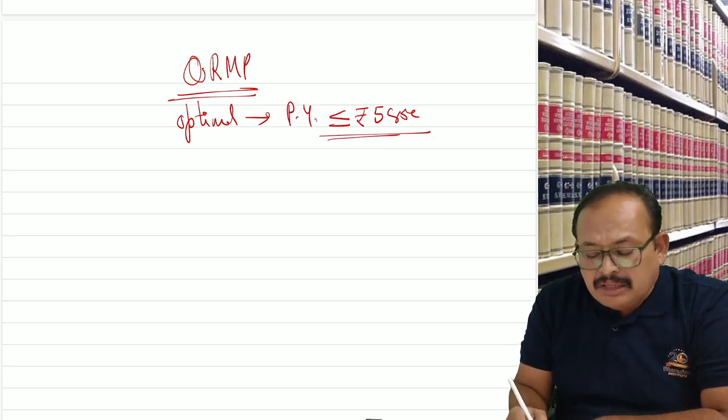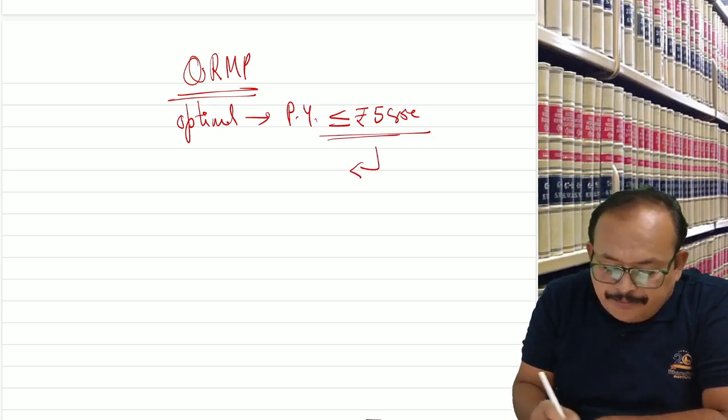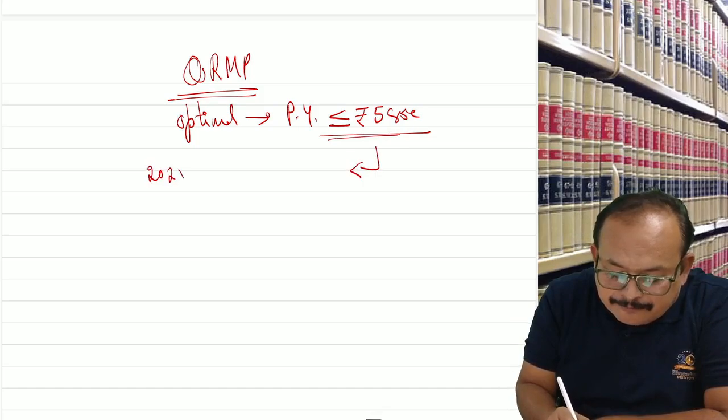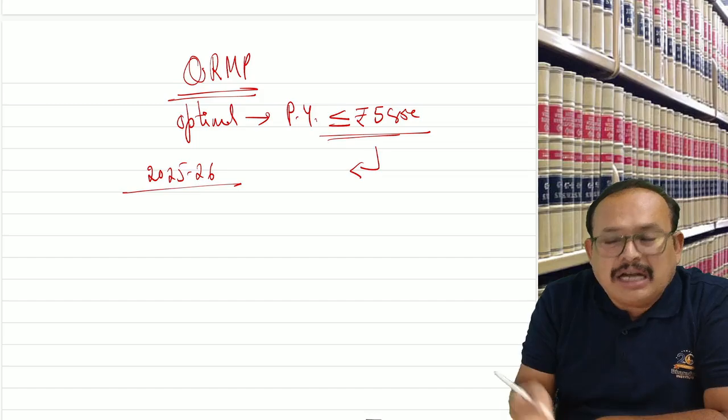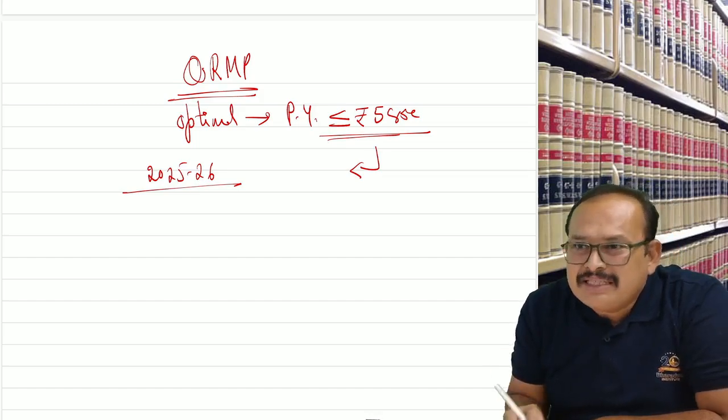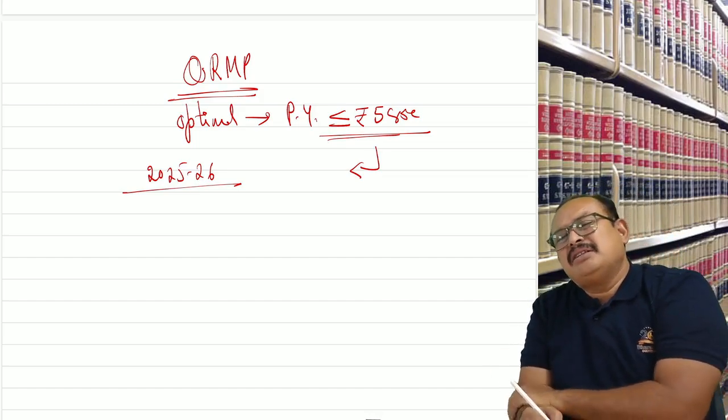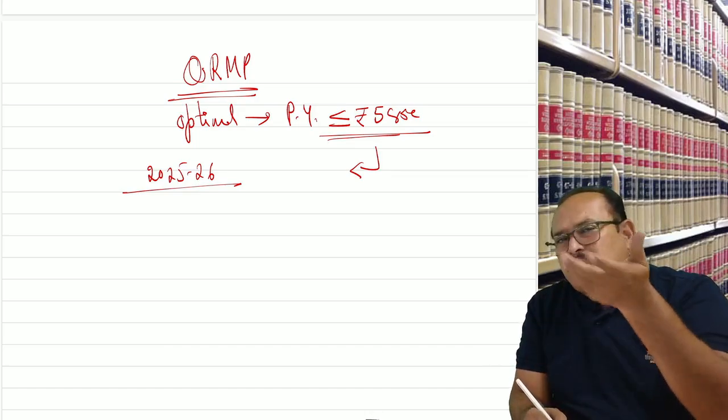Now, in the given case, if my previous year turnover is less than or equal to 500 lakhs, namely 5 crores, on an optional basis, in the current year 25-26 I want to opt for this scheme, but I do not know, I have not opted.